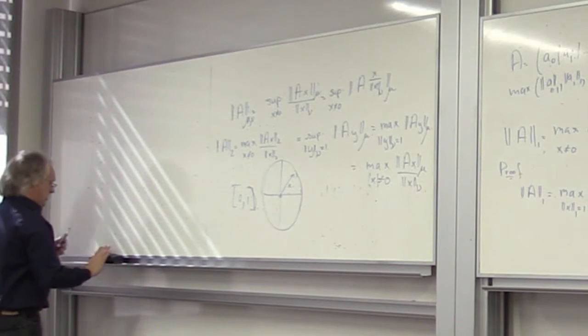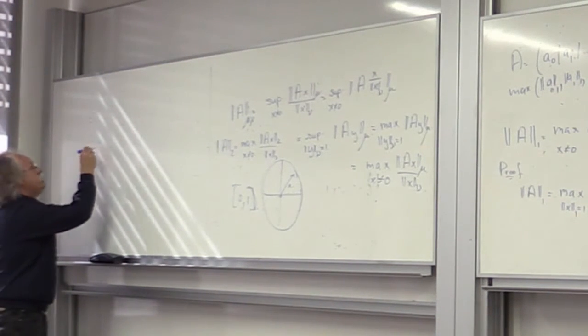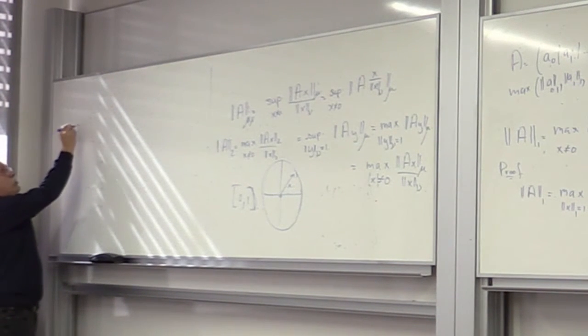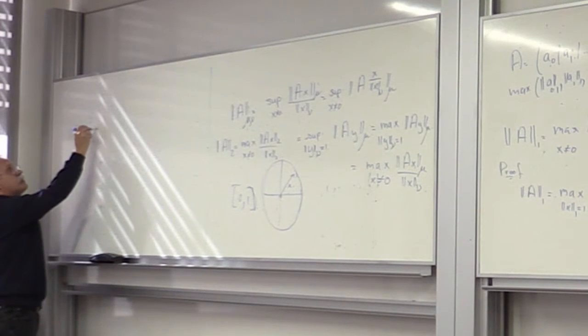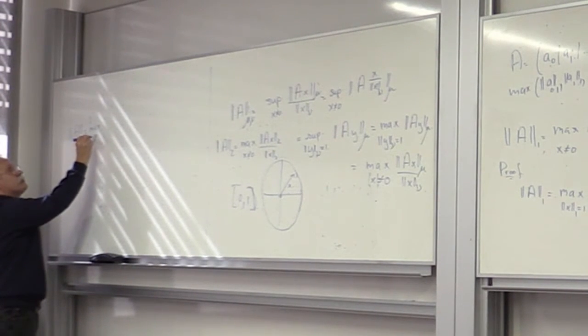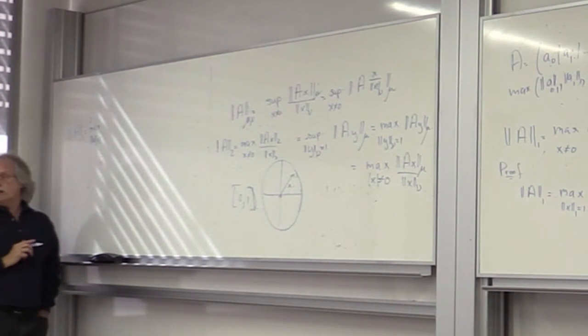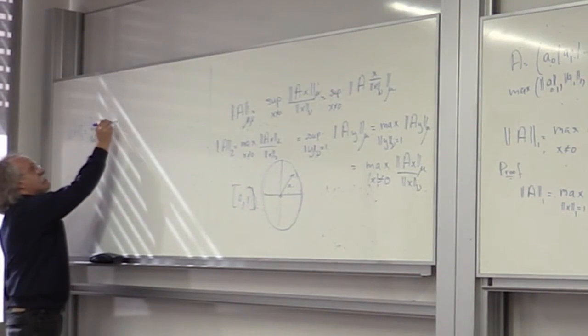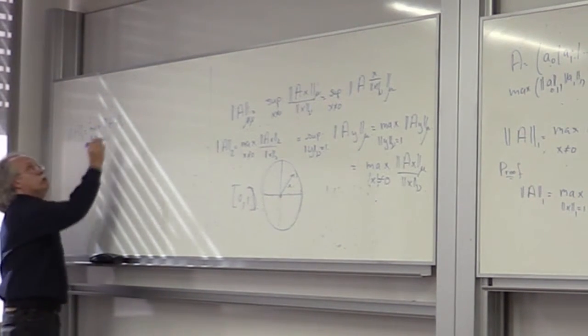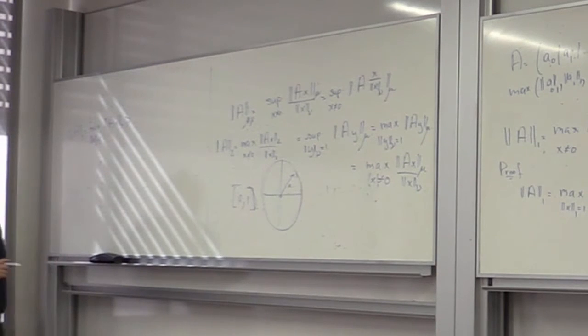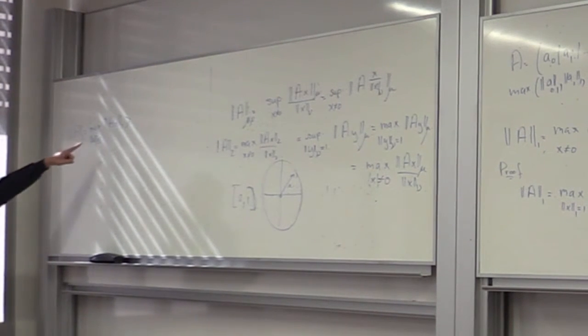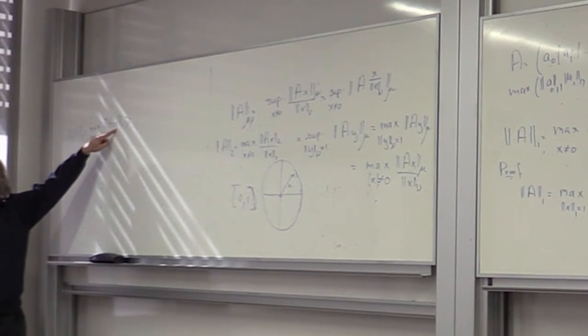So you start the other way. You say the one norm of A is equal to the max over all vectors with one norm equal to 1 of the one norm of A times x. But that is greater than or equal to, pick a vector that actually has length 1 in the one norm.